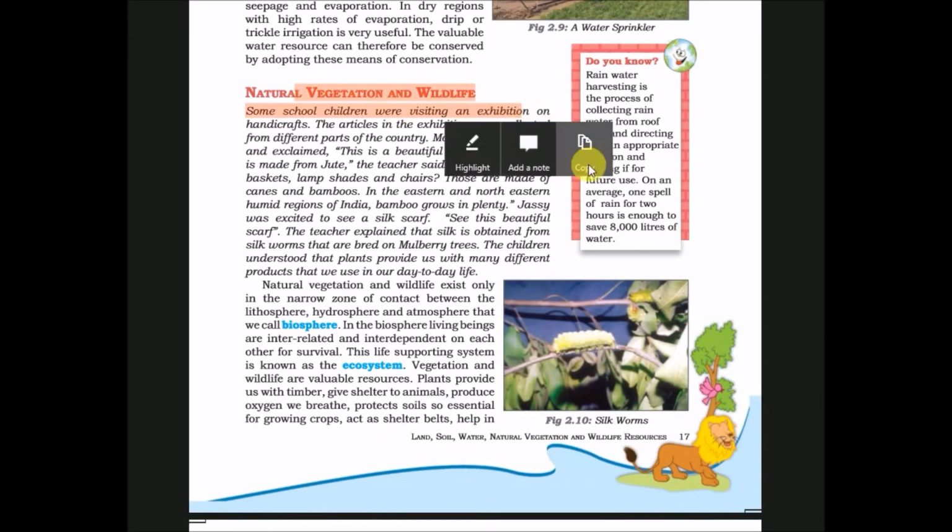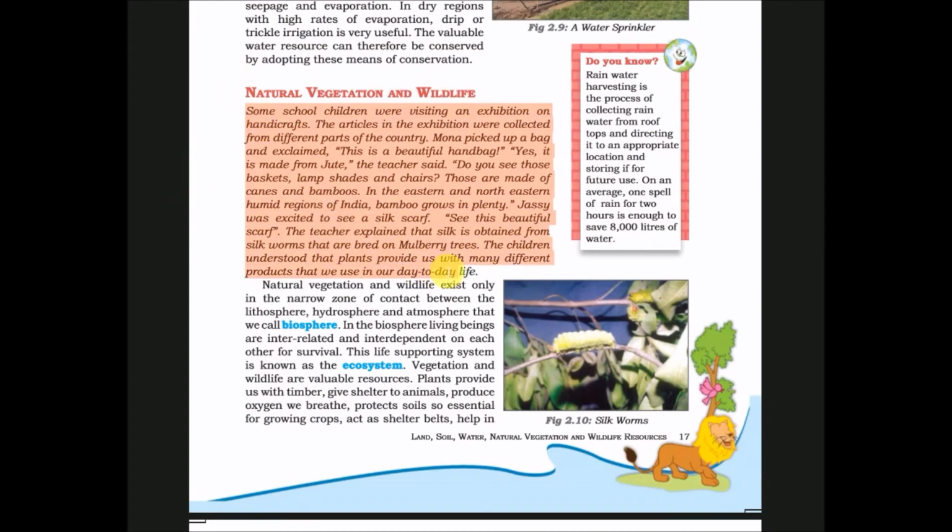Natural vegetation and wildlife. Here's also a story, you don't need to study this story. Biosphere. Biosphere is the place where life can exist. It consists of lithosphere, hydrosphere and atmosphere.